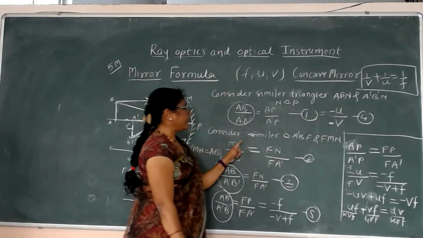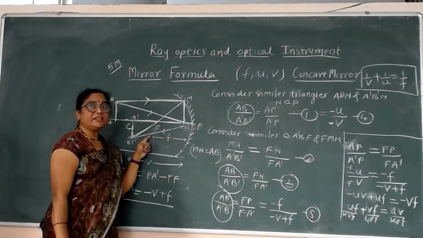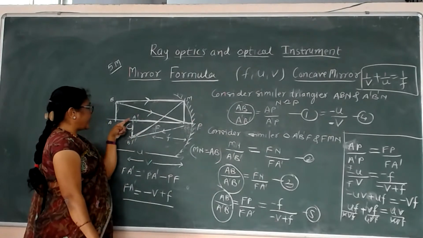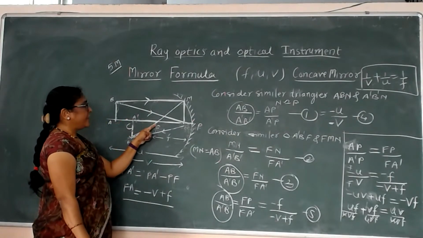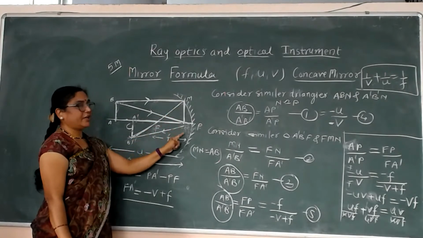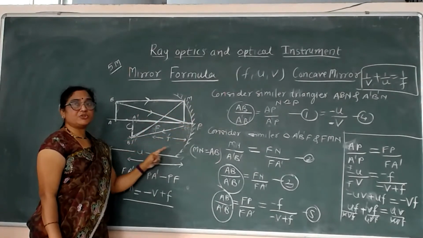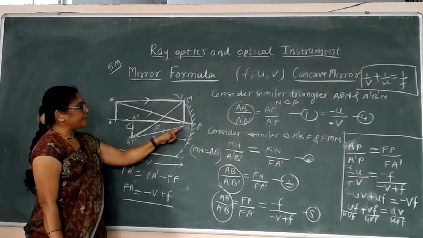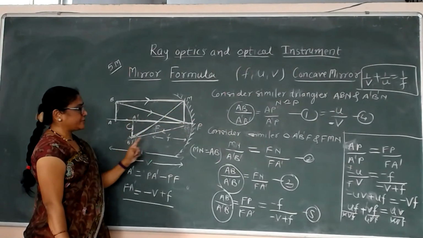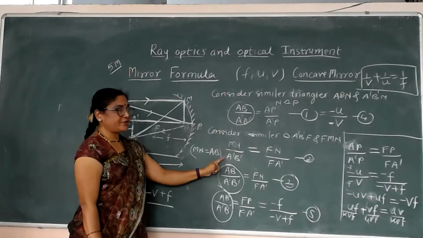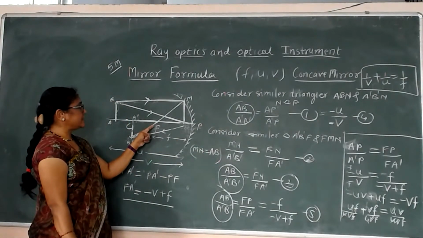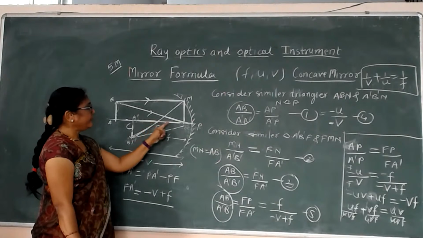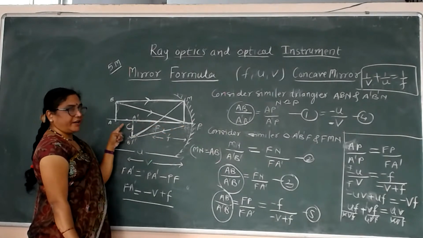So for the second part, again we consider another two triangles, and these two triangles are A dash B dash F, and the other one is F M N. So when we compare these two triangles, again we compare the similar sides, that is MN divided by A dash B dash is equal to the other similar side FN divided by FA dash.